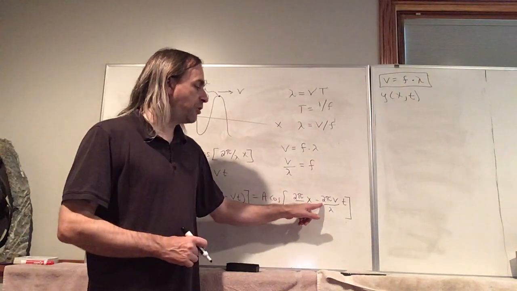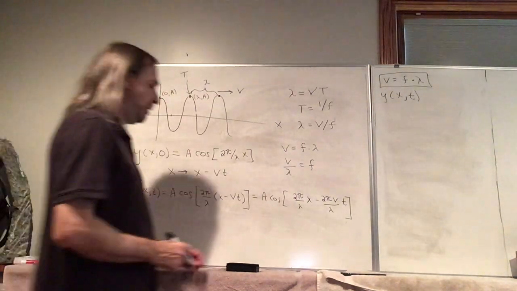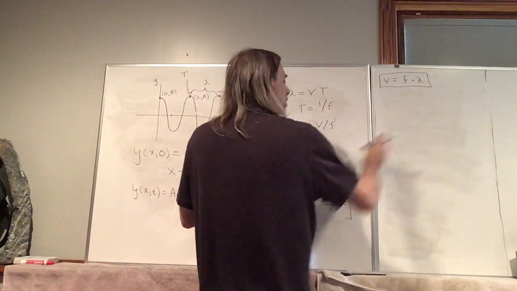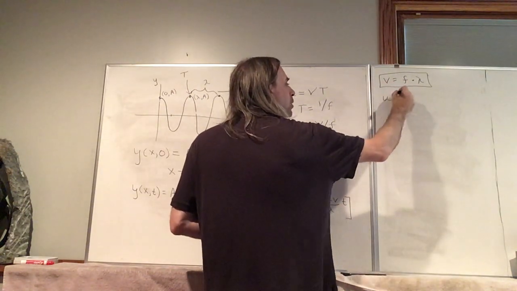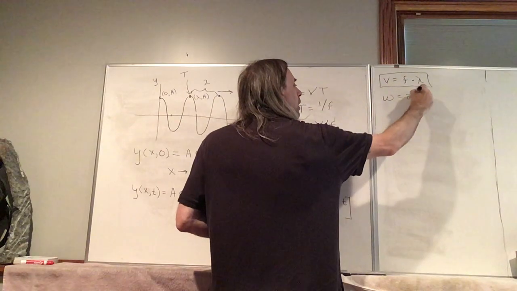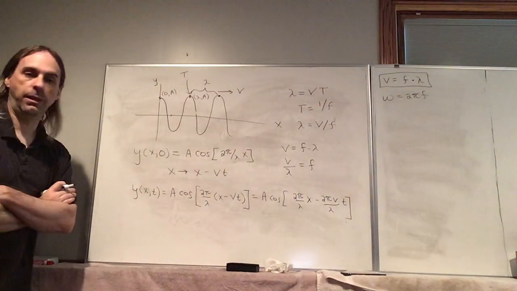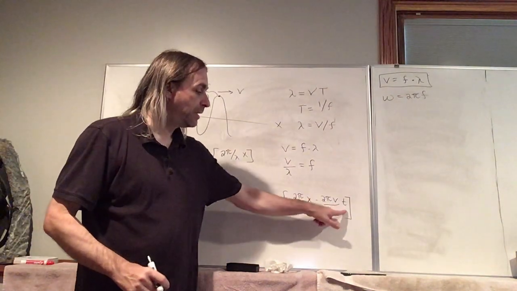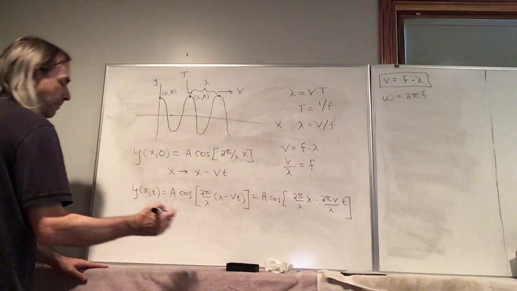So here we have 2 pi times the frequency times time. Now remember, I'm just going to erase this. So remember that the angular frequency is 2 pi times the frequency. So here we have 2 pi ft, or this whole thing just becomes omega t.